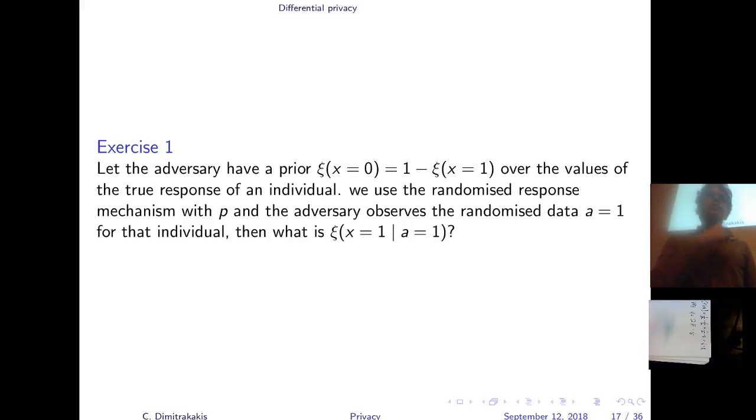Now, let's work out another exercise. So this is an exercise-heavy lecture. Let's say that the adversary sees not my data, but my output, okay? And he believes that I have a 0 or a 1 in my hidden data. And then I use randomized response.